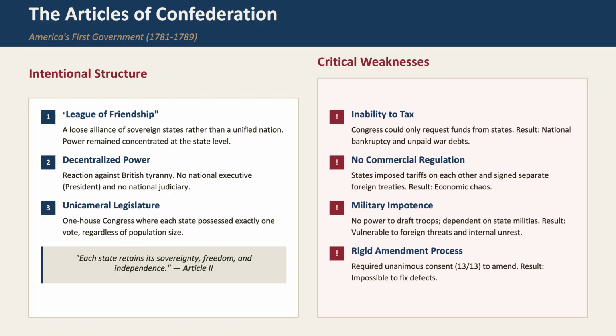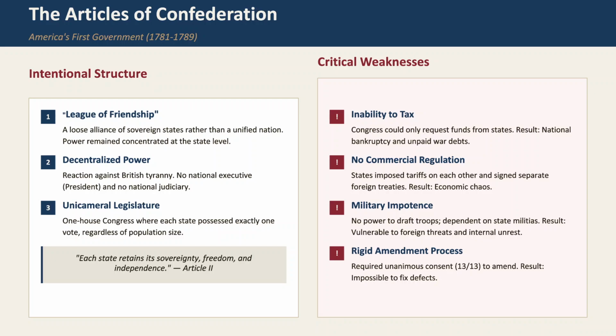But after the Revolutionary War, it became very apparent that the Articles of Confederation were not adequate. A lot of weaknesses became apparent. For example, the national government could not levy taxes, and you best believe they had a debt from the Revolutionary War, the same way that the British had a debt from the Seven Years' War.